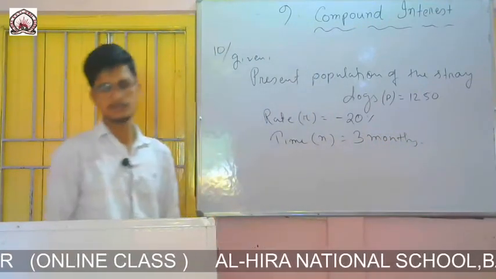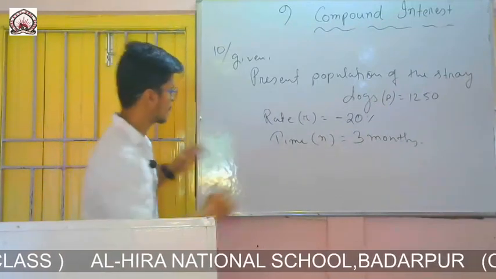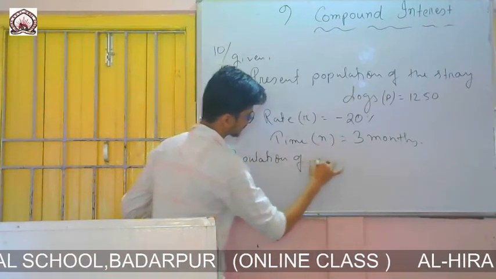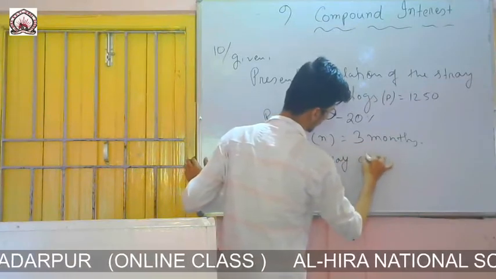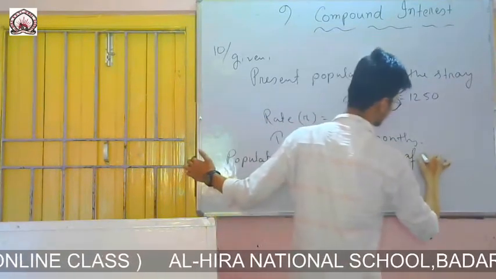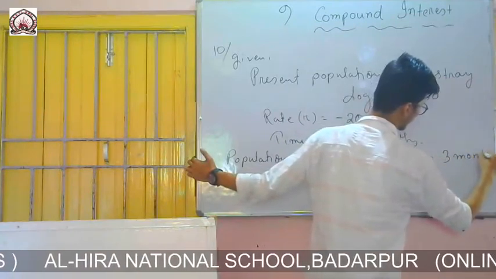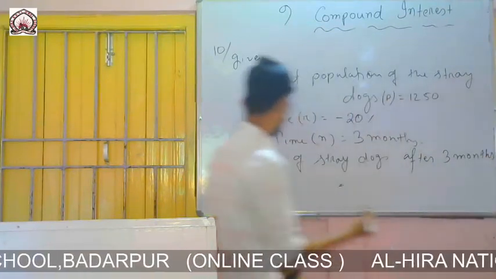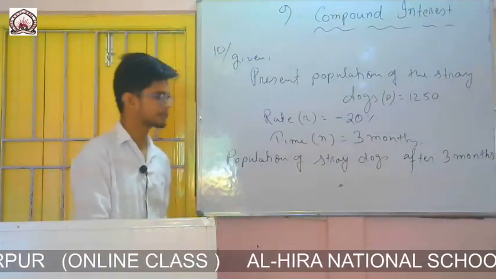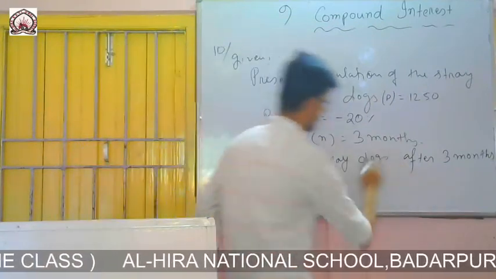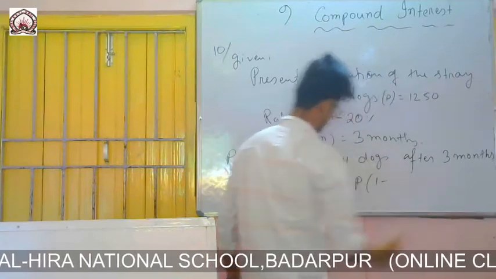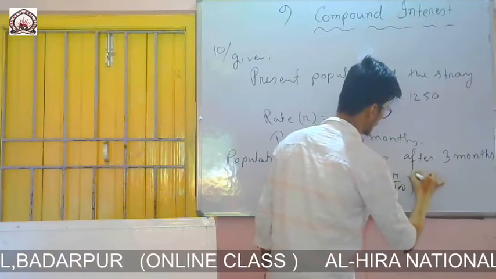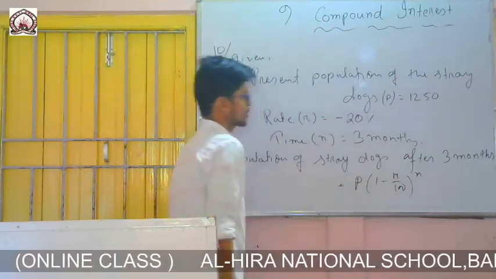Time n equals 3 months. Therefore, the population of stray dogs after 3 months equals, we know the formula, P into 1 plus, here the rate is minus, that's why minus: 1 minus R by 100 to the power n.